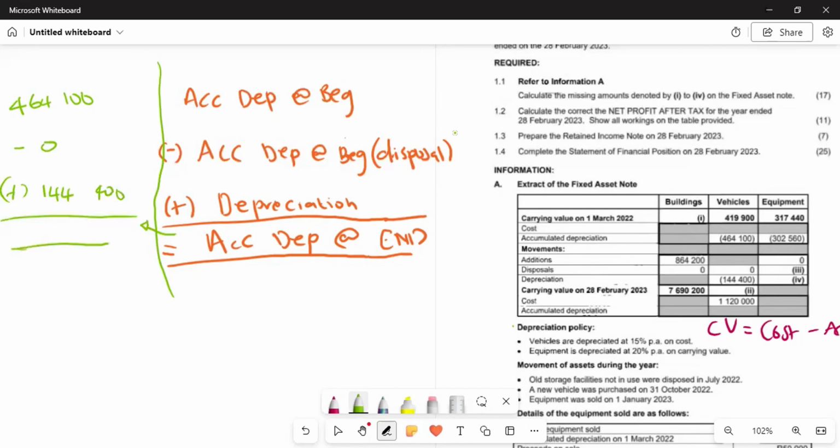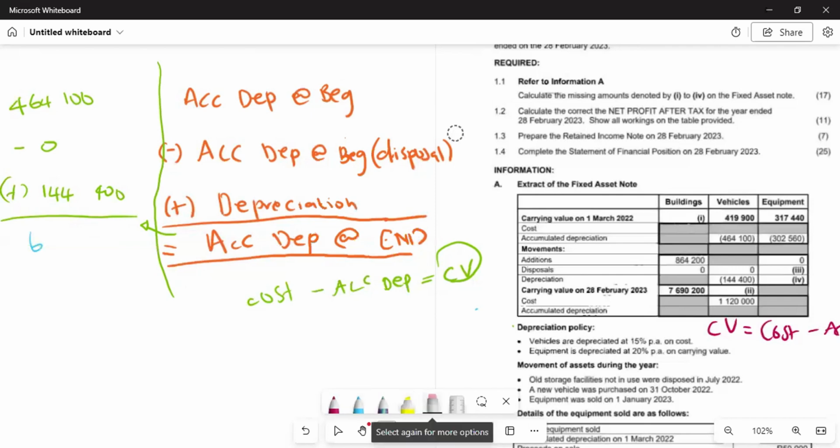Remember, we need to take the cost and subtract this accumulated depreciation to find our carrying value at the end, which is what we're trying to calculate. Let me punch this into my calculator. My accumulated depreciation at the end is equal to 608,500.